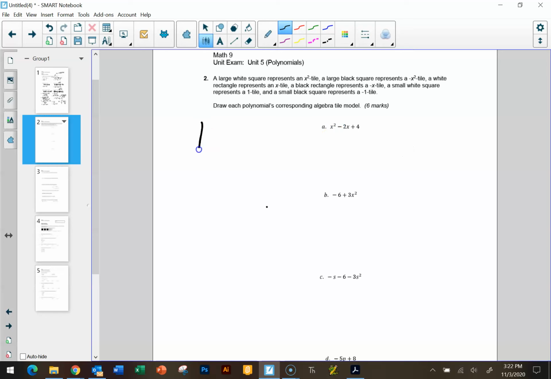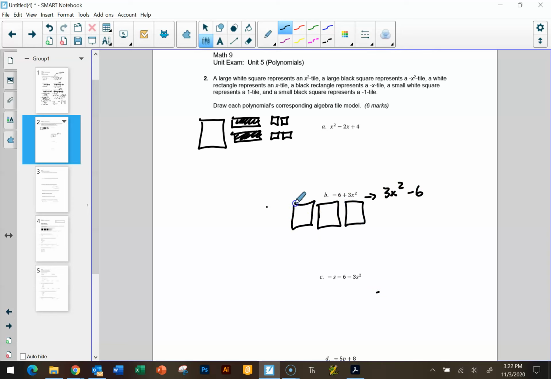So x squared is going to be one big square, negative 2x is going to be 2 shaded in rectangles, and the positive 4 is 4 little squares. This one, negative 6 plus 3x squared, let's write this the proper way. 3x squared minus 6, so we're going to have 3 big squares to represent the x squareds, right?